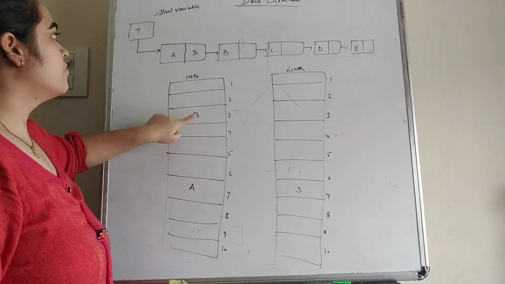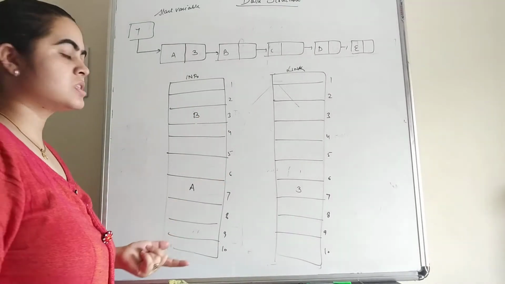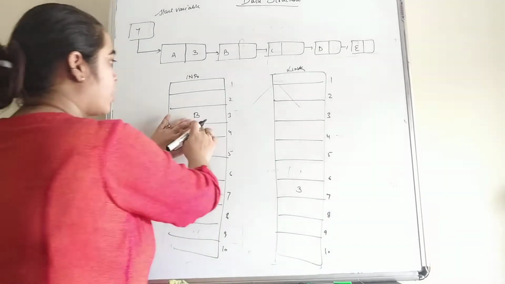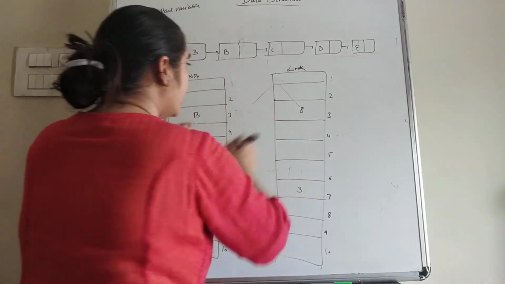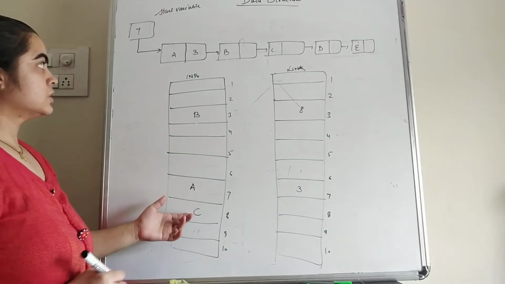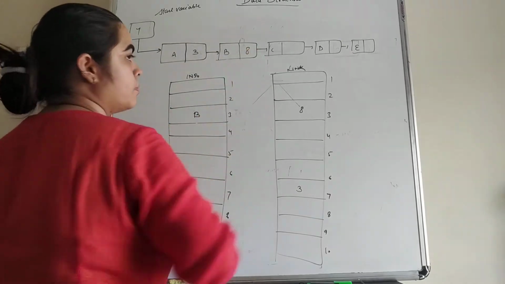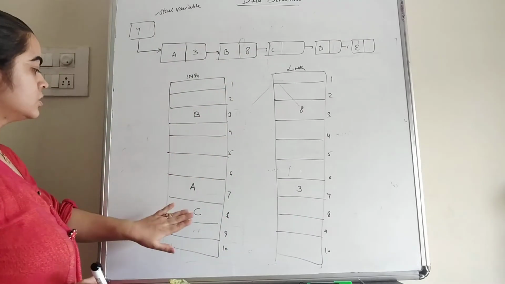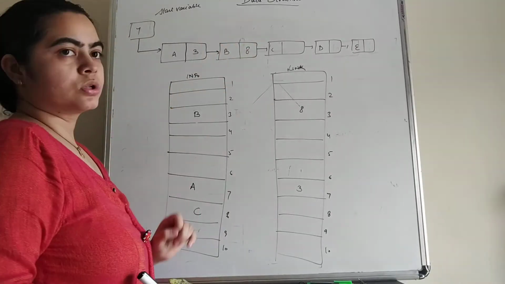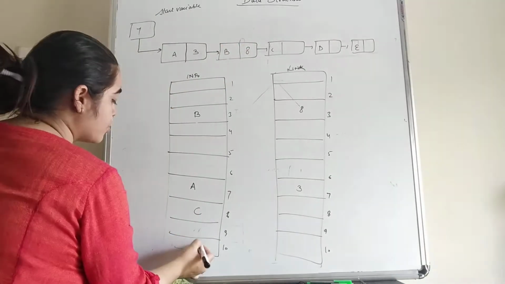Now this B will contain the address of C. Now suppose C is stored at memory location 8. So in front of B we can write 8. So 8 is the address of C. Now this is C. So here also we can update the address of C. Now students, suppose after C we have to store the D, and D is at memory location 10.